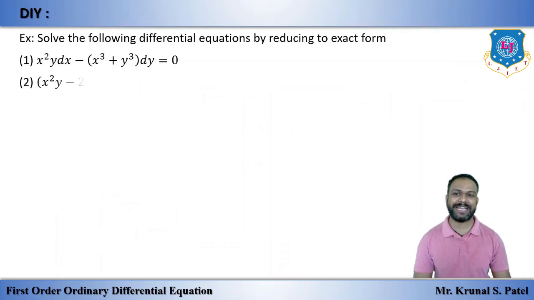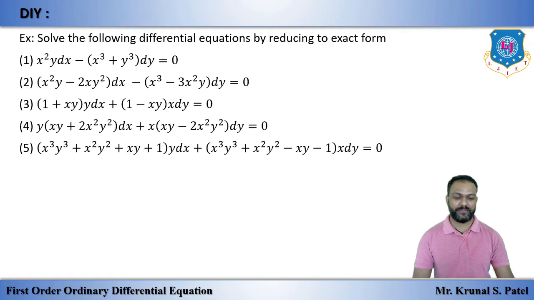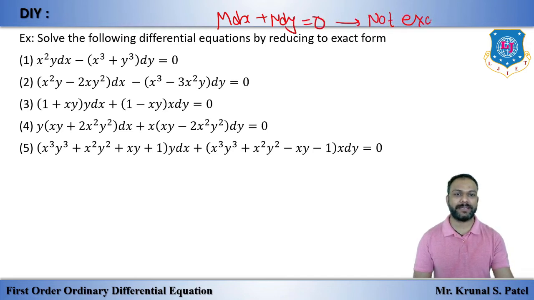Now we have these examples, which are a combination of two methods, that means method 1 and method 2. If given M dx plus N dy equal to 0 is not exact, but it is homogeneous, then IF is 1 upon Mx plus Ny.